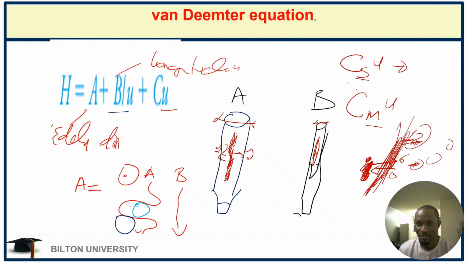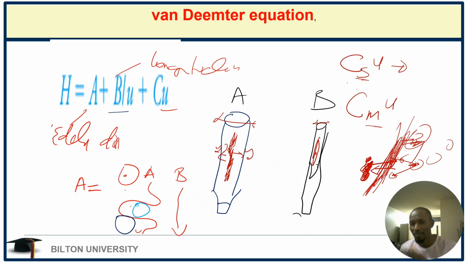This is due to the different particle sizes of the packing material. So you will find that the mobile phase will diffuse from, let's say, the center of the column into another pool of mobile phase, into another, and into another.